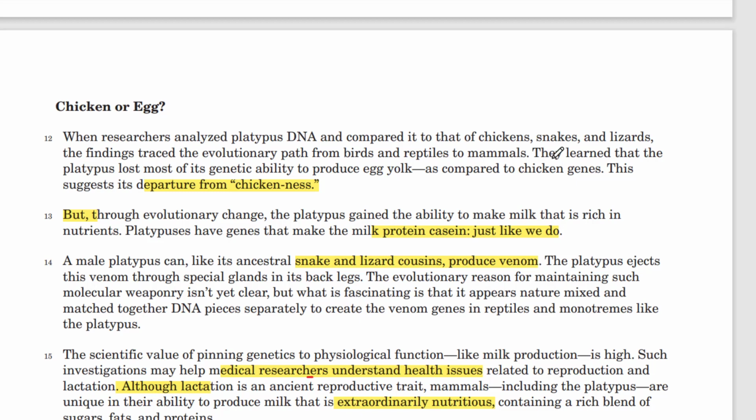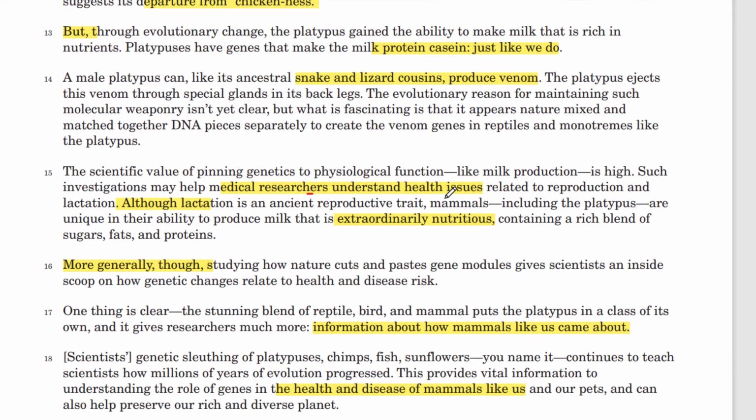Back in paragraph 12, it says they learned the platypus lost most of its genetic ability. The scientific value of pinning genetics to physiological function, like milk production. So we learn the traits of the animal are closely linked to the genetics of the animal. In the case of the platypus, it represents 3 different types of genetics.